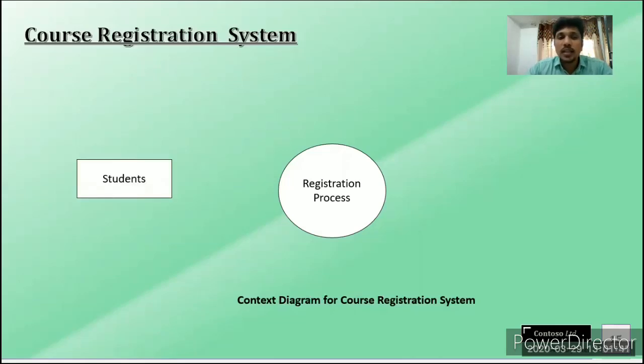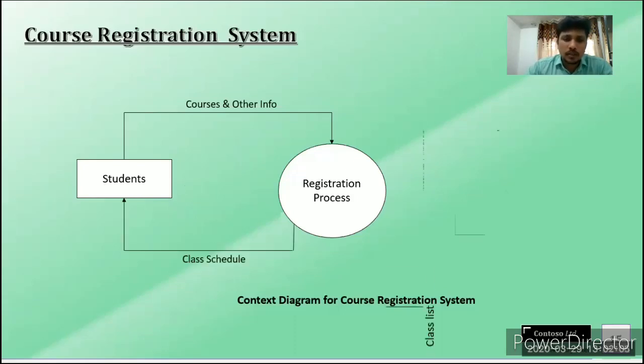The students are one of the external entities in that process, and they will provide the course and other information about themselves, like which course they will take, such as MBA, MPhil, or PhD, the names of their parents, which entrance exam they have taken, and what score they obtained in the qualifying exam.